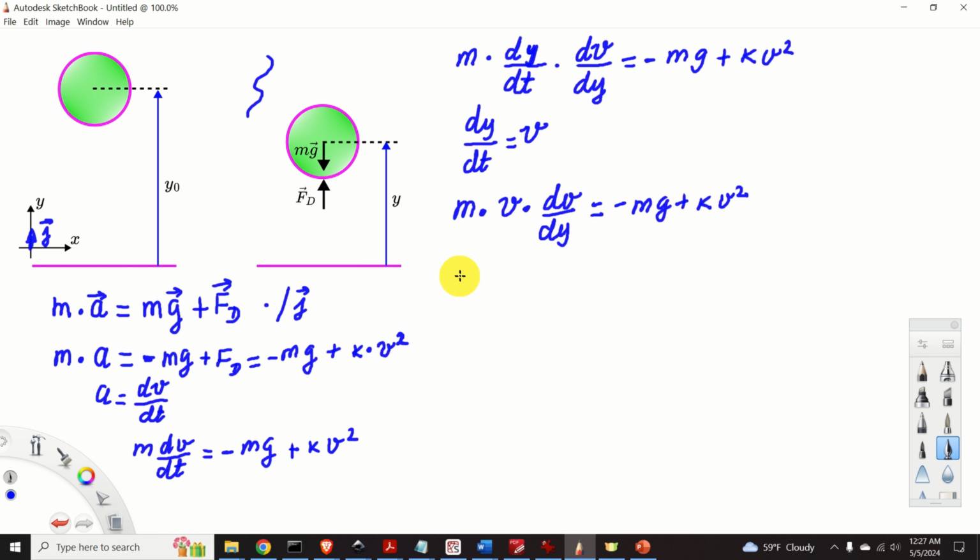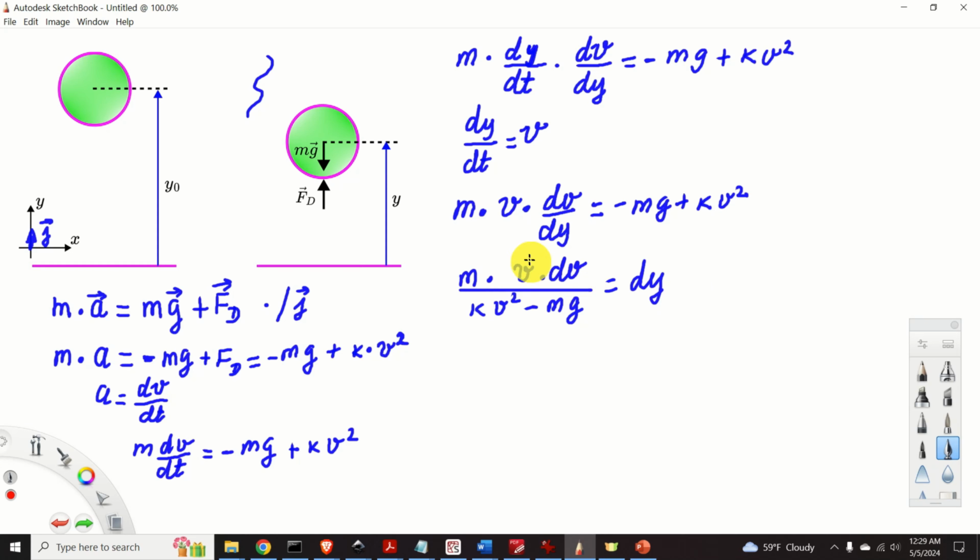Consequently, we have m multiplying v times dv over kv squared minus mg is equal to dy.